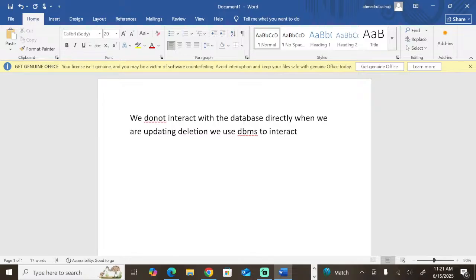This is very important information. So we use the DBMS to interact with the database. With that being said, let's go ahead and talk about the queries used when we are writing or manipulating data.